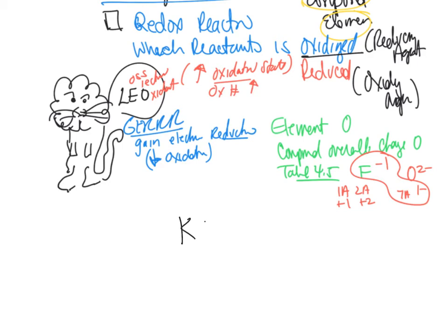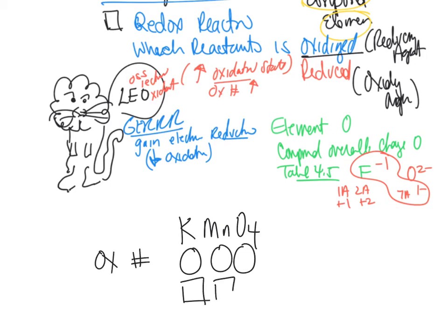So you have potassium permanganate. I really like how they do this. They do these little circles here, and this is your oxidation number. And then this box is total contribution to charge.